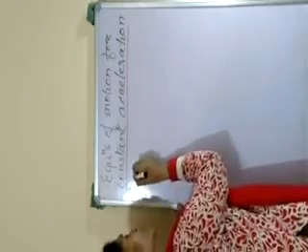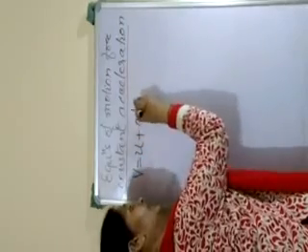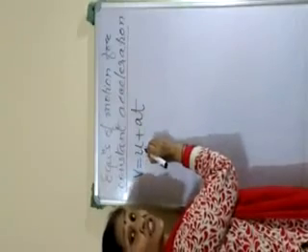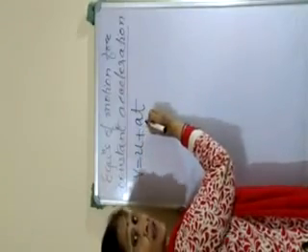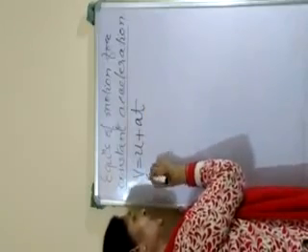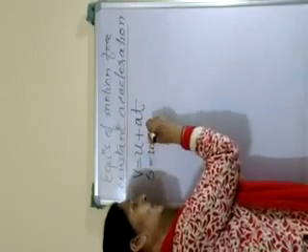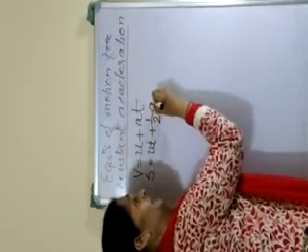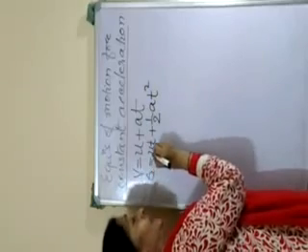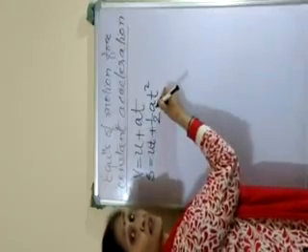First equation we used to write is v equals u plus at. Here v is final velocity, u is initial velocity, a is constant acceleration and t is time. Now the second equation we generally write is s equals ut plus half at square. s is displacement and u is again initial velocity, t is time, a is constant acceleration.